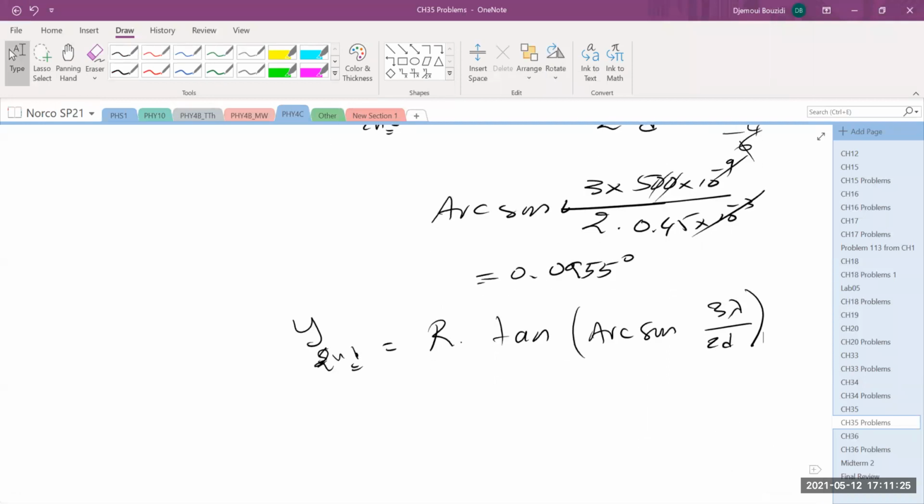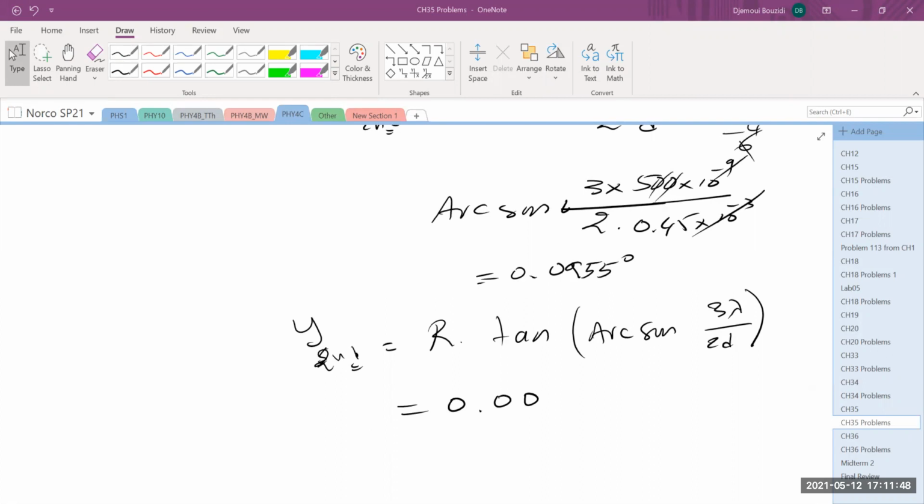So this y should be a very small number. Let me multiply it by 100 because this is in meters actually, just to get it in centimeters.